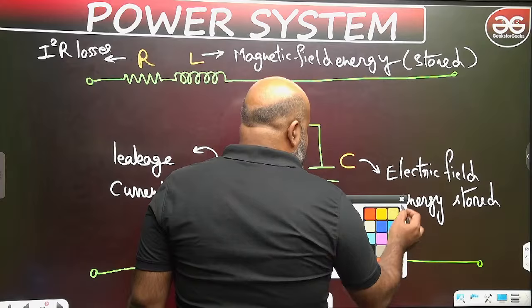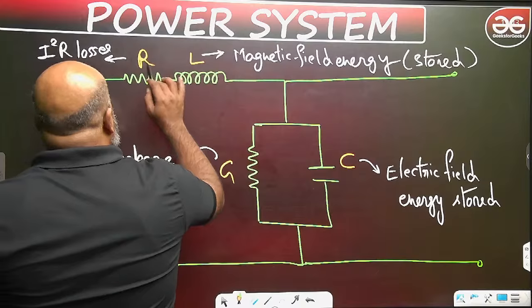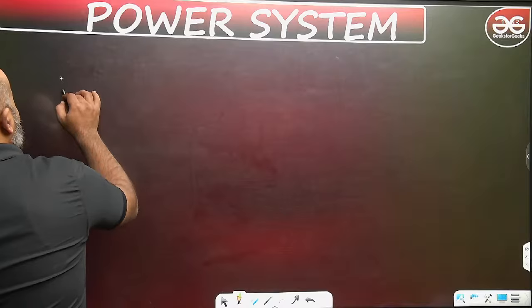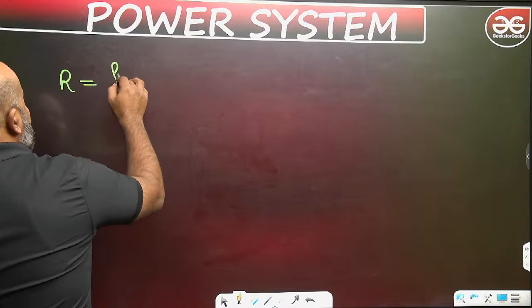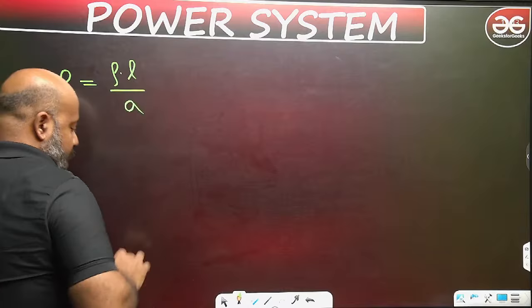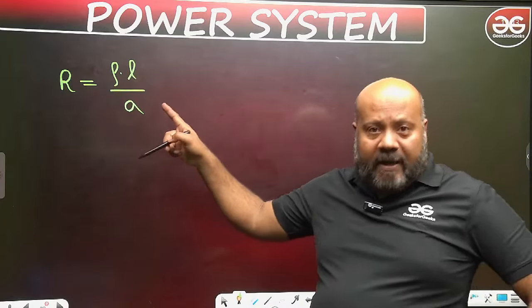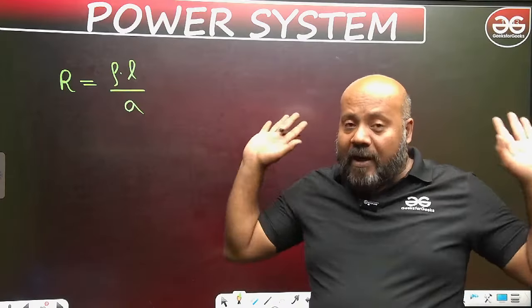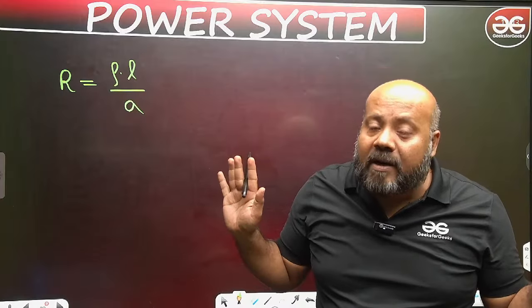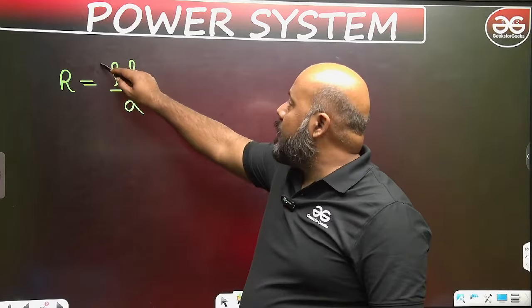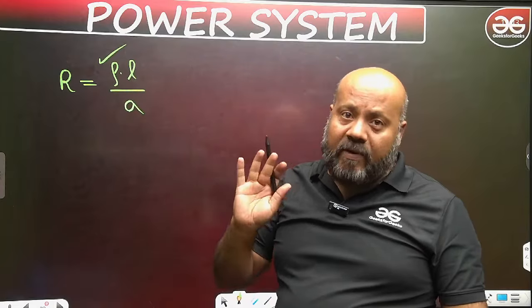Now, you can see when I talk about the resistance, it is rho L upon A. Rho is the resistivity of the material. Once you design your conductor, can you change the material of the conductor? No. So, this is going to be fixed. The moment you design your conductor, resistivity is fixed.